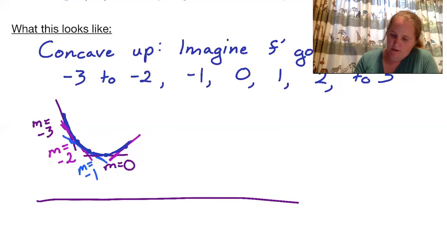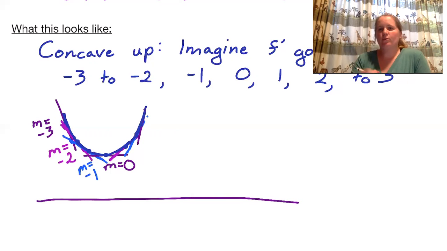And then a slope of 2 is going to be even steeper, and then slope 3 is even steeper. So essentially we have sort of a smile going on.